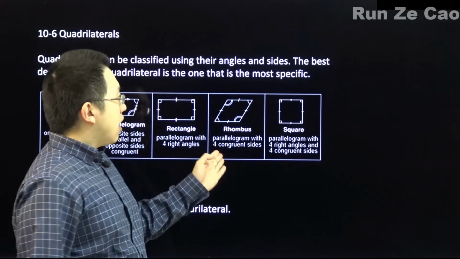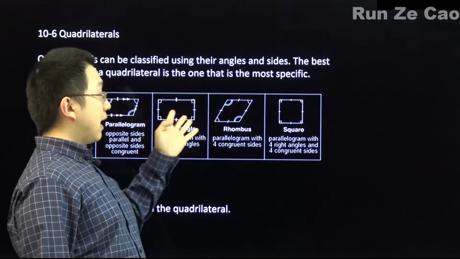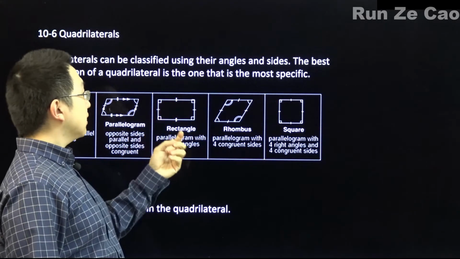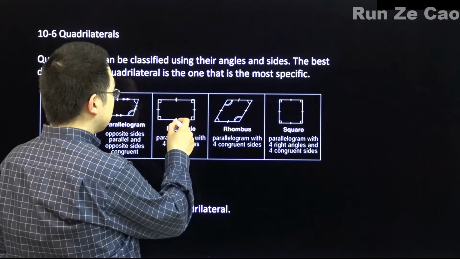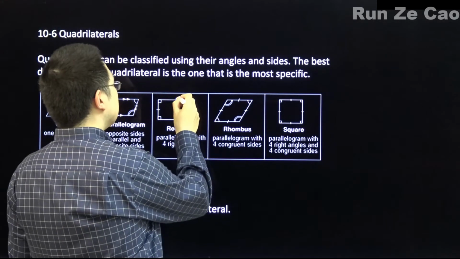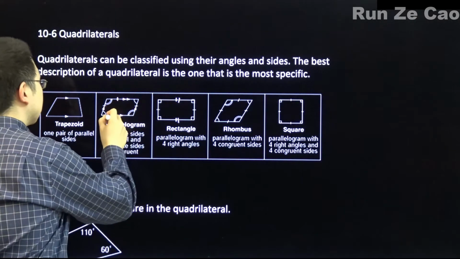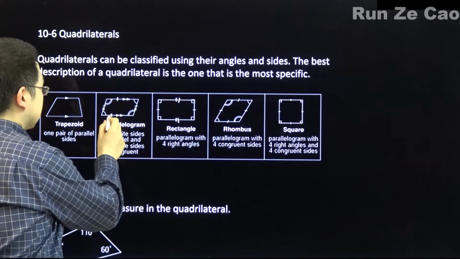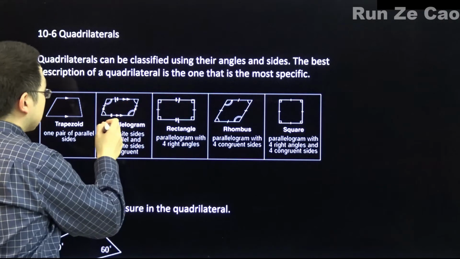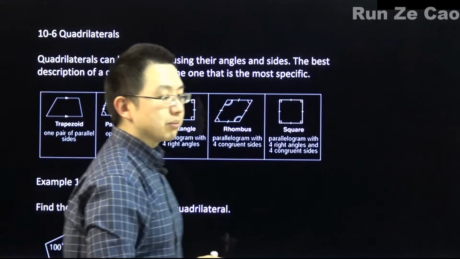And if you have a rhombus that has all the angles being right angles, or if you have a rectangle that has all the sides equal, by the way, this here is supposed to actually be two lines, but it's a little bit close together, so I'll draw it on for you. Here. This one actually, it's clear that it's two lines. Okay. Just for clarity's sake, I'll make sure that everybody can see properly.